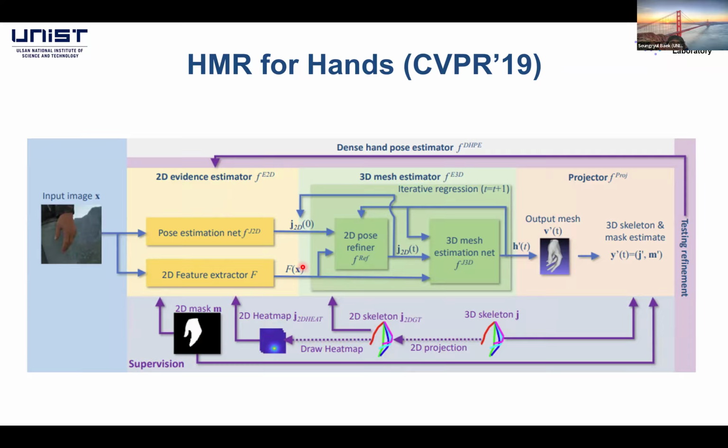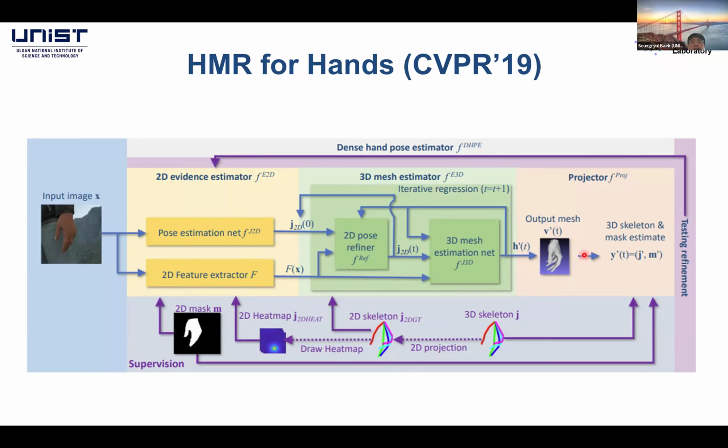And in the middle, we also add a 2D pose estimator and also a component that accounts for these 2D masks, okay. Anyways, basically they are similar to what HMR does.